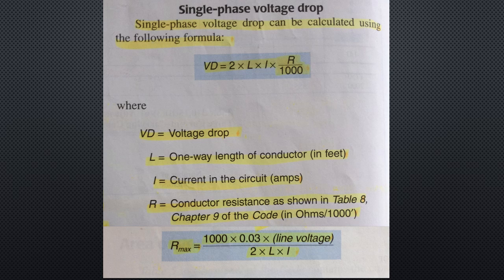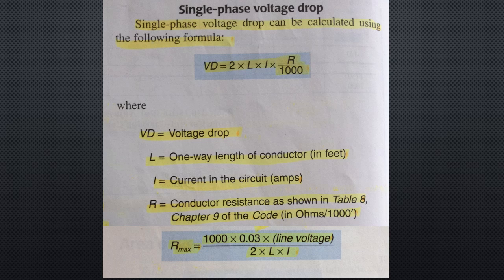So a factor of 2 is added to the equation. The entire product must be divided by 1000 because the resistance is based on a length of 1000 feet. By dividing the actual length in feet by 1000 and multiplying by the resistance per 1000, the actual resistance of the conductor is determined.